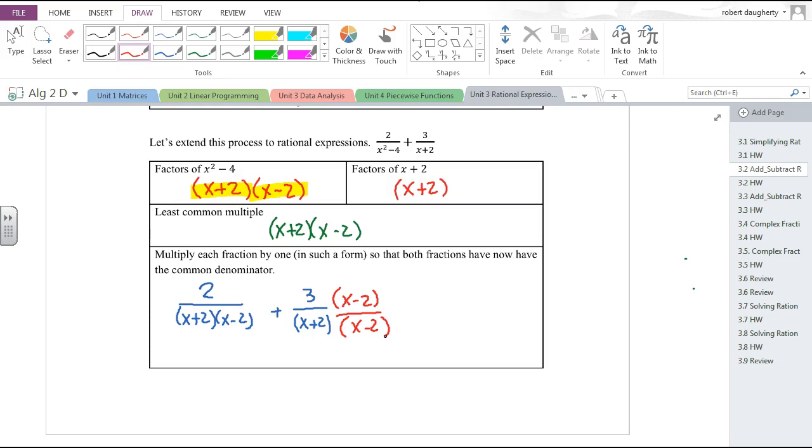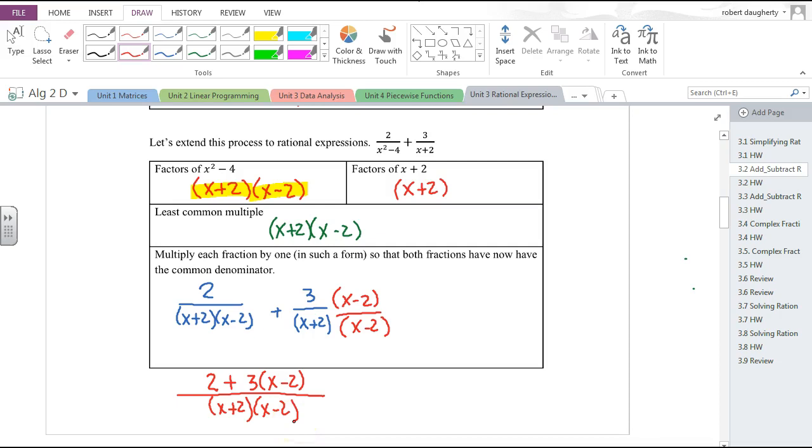I'm multiplying it by 1 in the form of x minus 2 over x minus 2. So what I end up with is 2 plus 3 times x minus 2, all of that over x plus 2, x minus 2. I add the numerators.